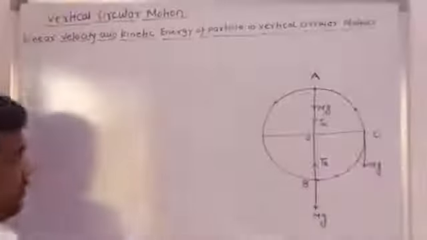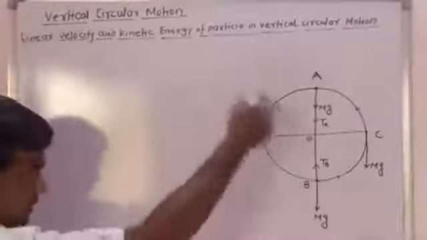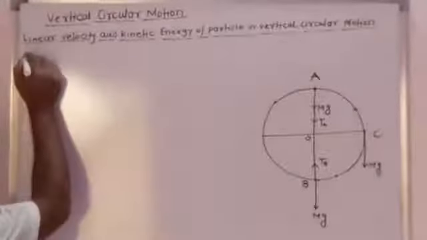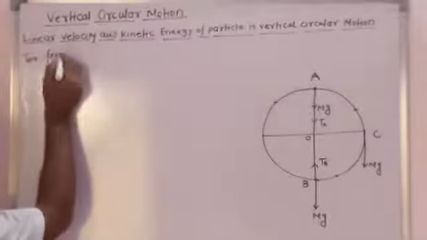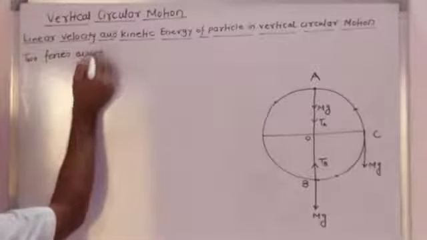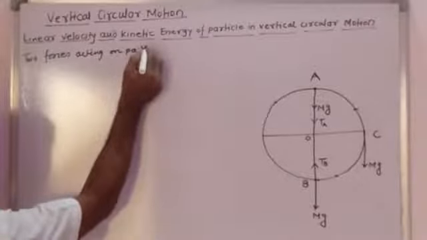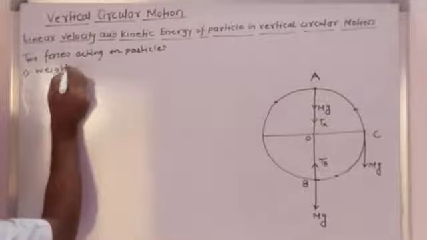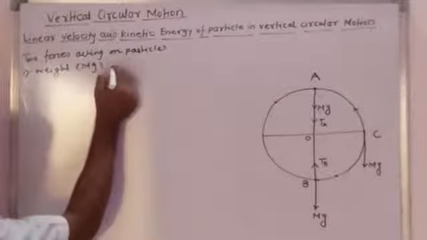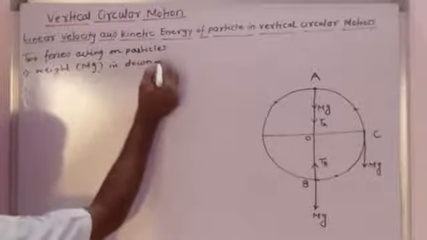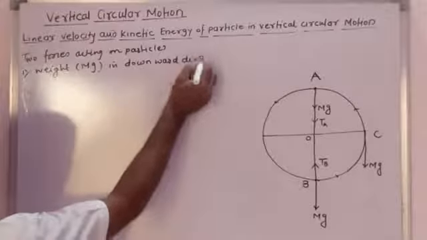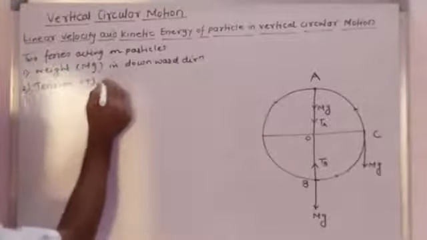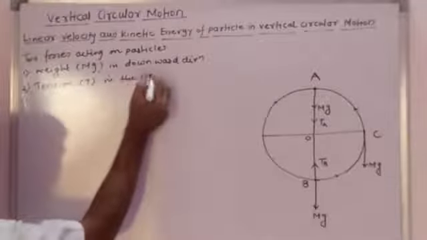So first we consider point A, the highest point. In vertical circular motion two forces act on the particle: number one, the weight of the bob mg in the downward direction, and number two, the tension T in the string.